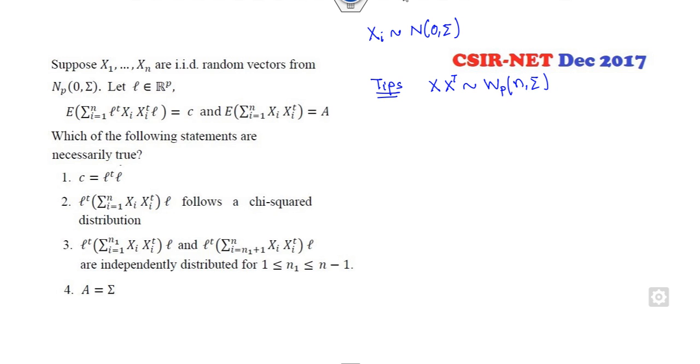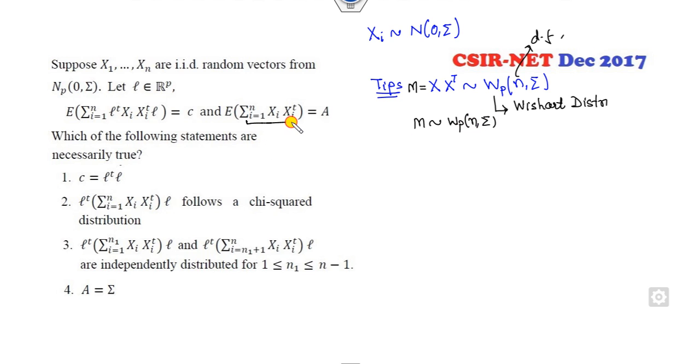This we will cover in the next topic, but I will tell you in advance. This is called the Wishart distribution, and this n is the degree of freedom. Fine. Now you can see if I call this m, then m follows the Wishart distribution with this.